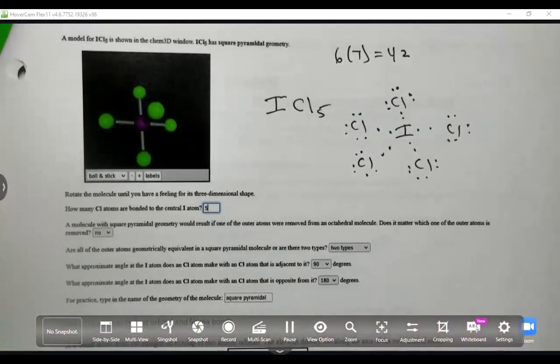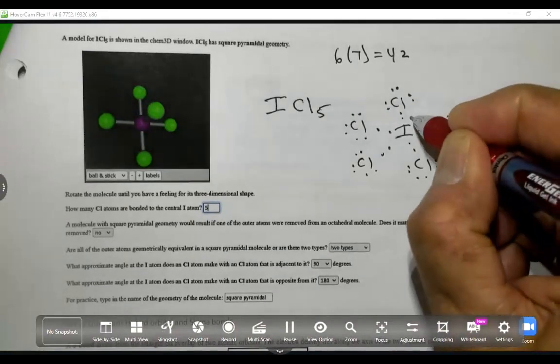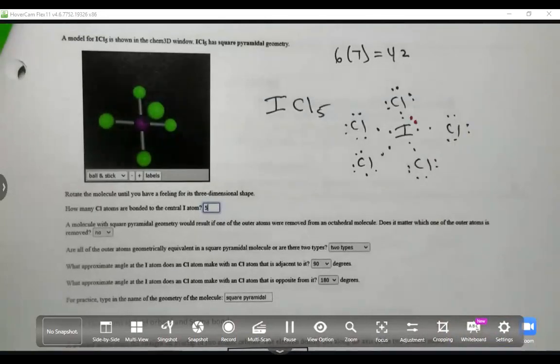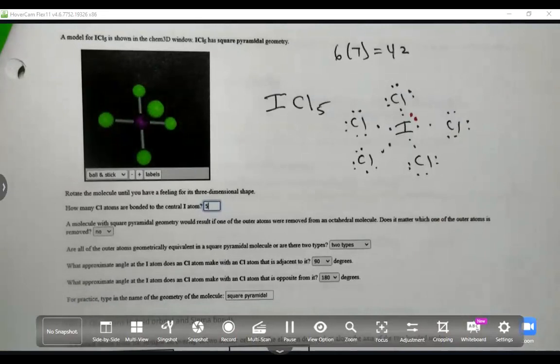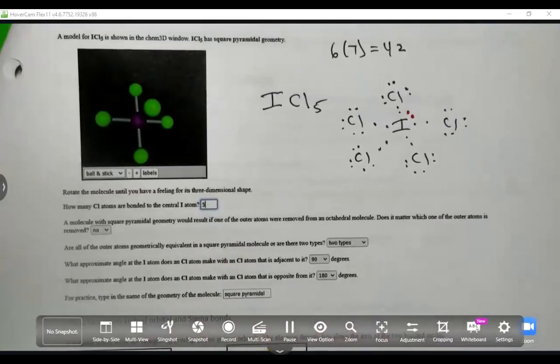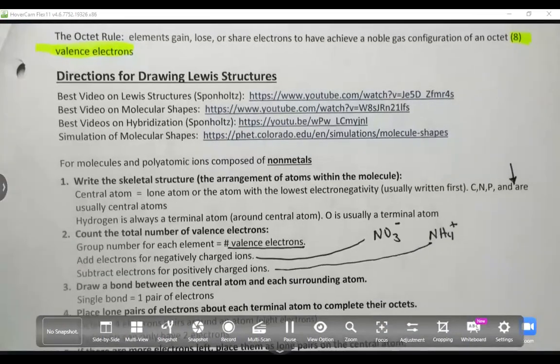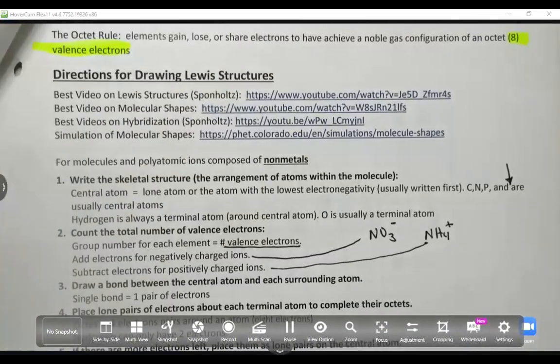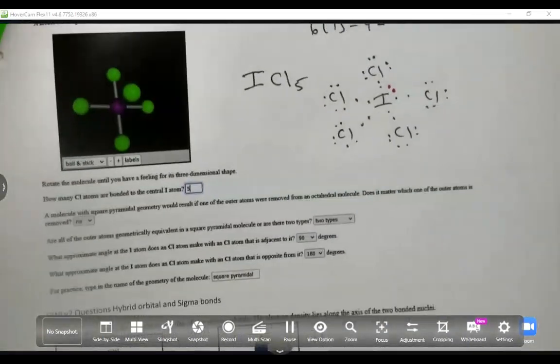That's 40 out of my 42, right? 40 out of my 42. So I'd have one non-bonded pair somewhere that I'm gonna put in red. That's what that looks like. And then all of this should follow through. That gets us perfectly to Lewis structures to the end.